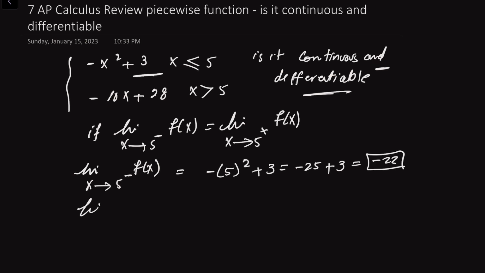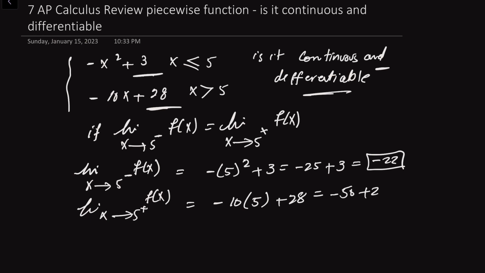Then the limit as x approaches 5 from the right. Which equation are we going to use? We use the second equation because x is greater than 5. So it would be minus 10 times 5 plus 28, which is minus 50 plus 28, equal to minus 22.